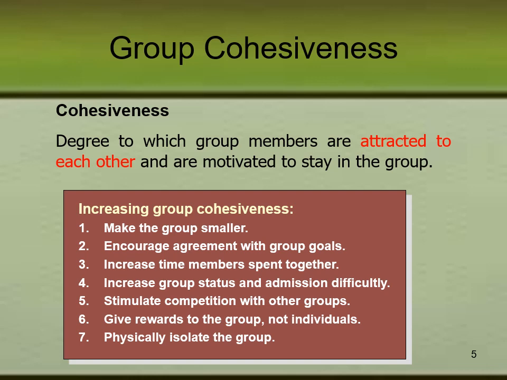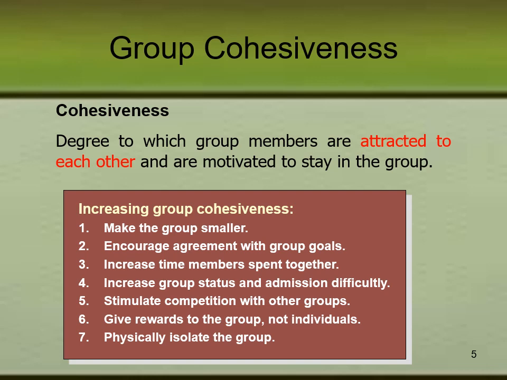Next, stimulate competition with other groups. Stimulate, it is like encourage lah. Okay, stimulate competition with other groups. Cuba wujudkan competition, persaingan dengan group yang lain. Okay. When there is a competition with other groups, you in your own group will work harder to win the competition.